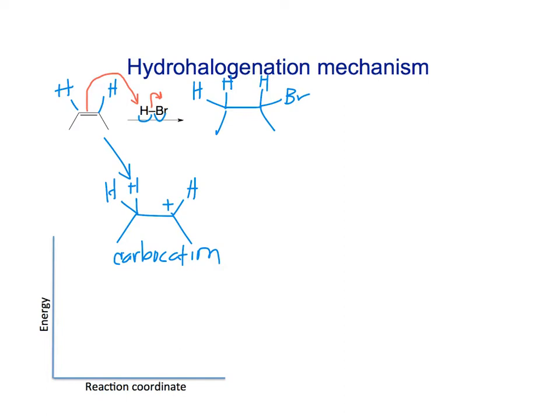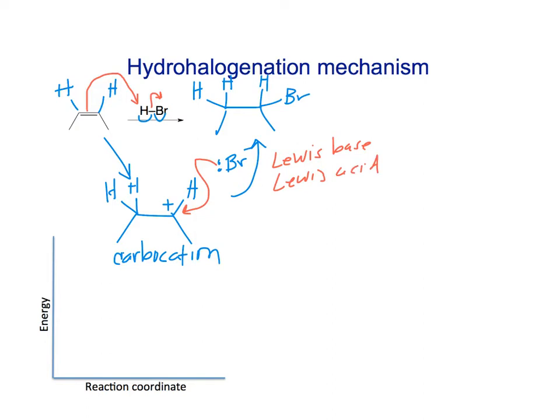All right, in the second step, the bromide that was liberated in the first step is drawn to the plus of the carbocation. So we could just call this step a Lewis base, Lewis acid step.